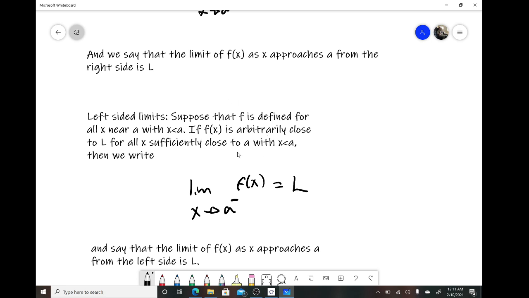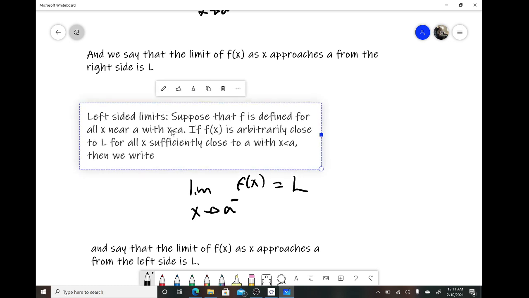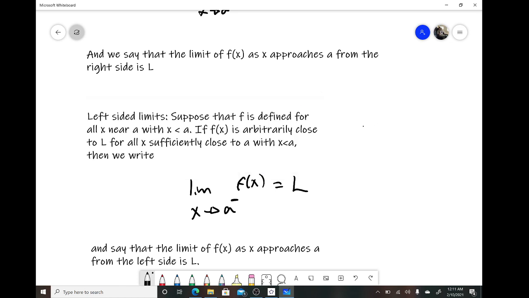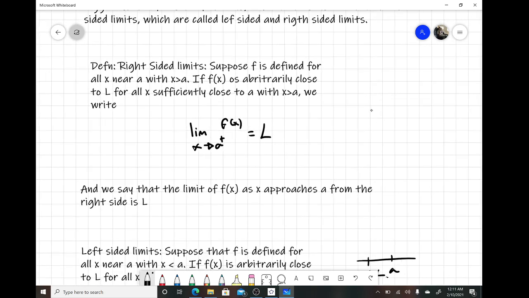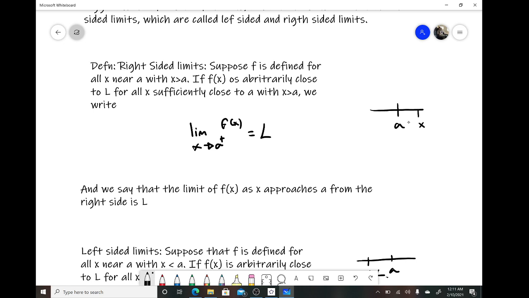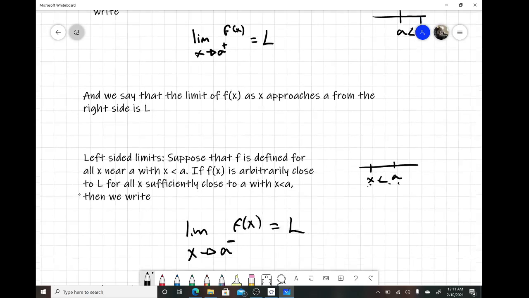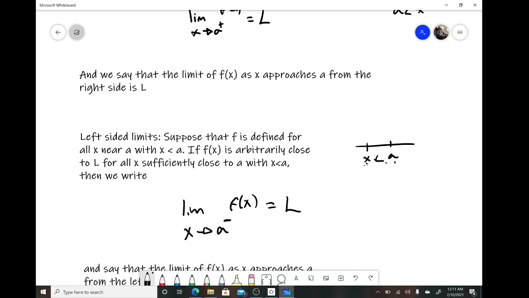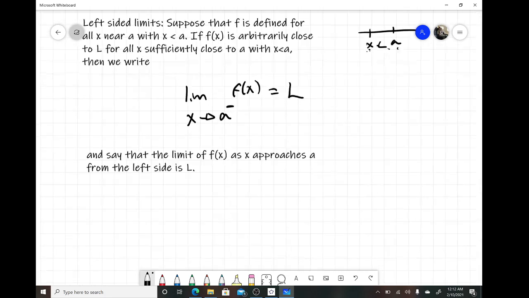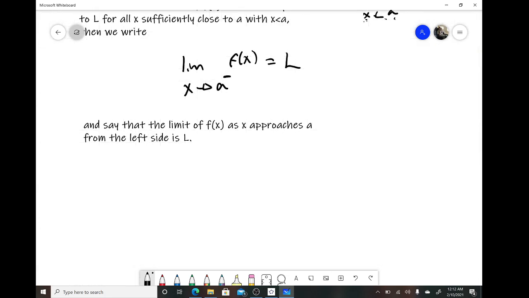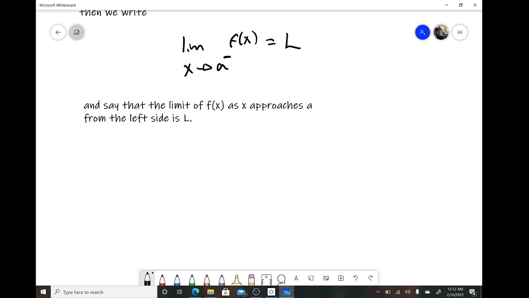We have that f is defined for all x near A with x less than A. This makes a lot of sense, because if you look at the number line, let's say this is A, then we're talking about x values that are less than A. So this means that you're on the left side, as opposed to here, where we were looking at x values that are bigger than A. So here x is bigger than A. Here x is less than A. So if this is the case, then we write the left and right sided limits as we did. Okay?